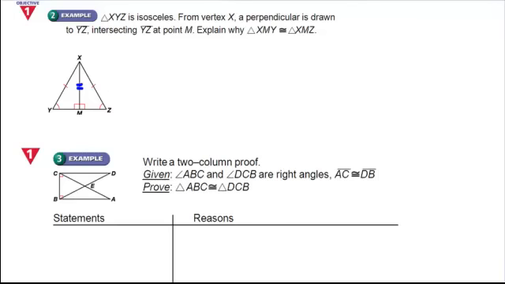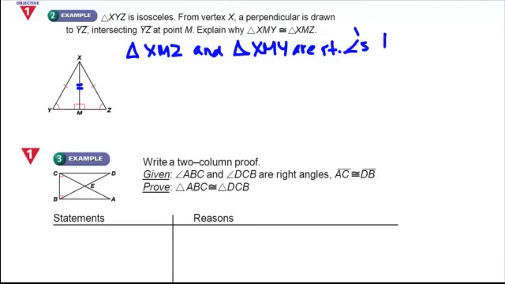Clearly we have two right triangles. So we can say triangle XMZ and triangle XMY are right triangles by definition of right triangles. Remember, a right triangle is a triangle with one right angle, and I can see my right angle.